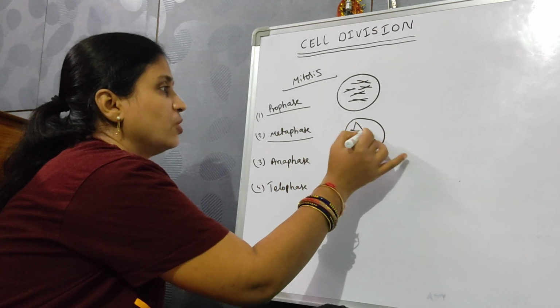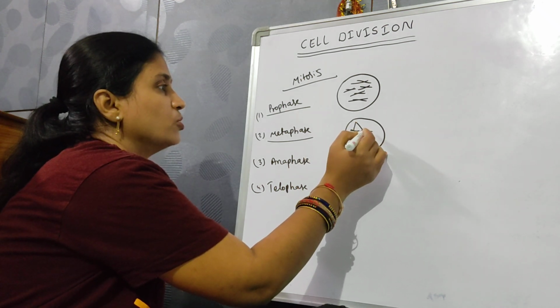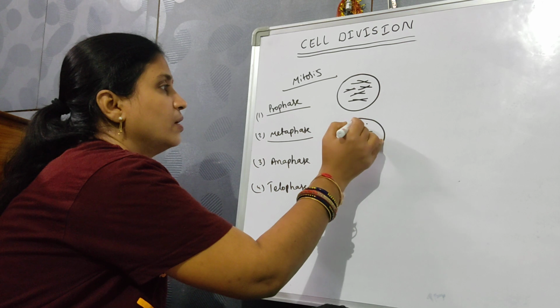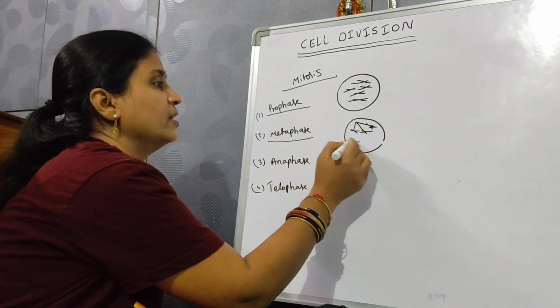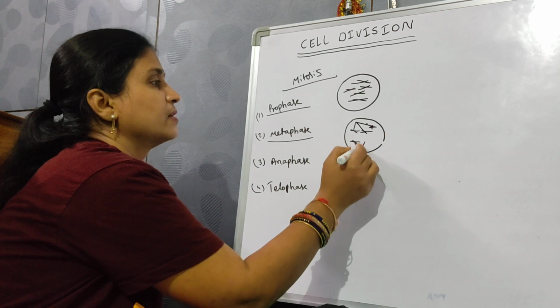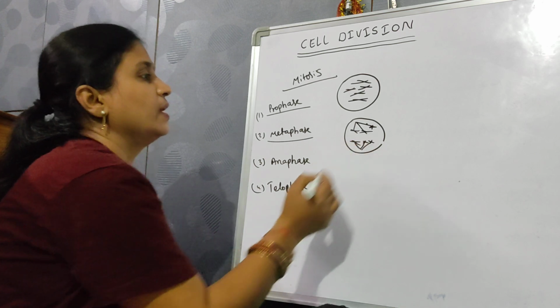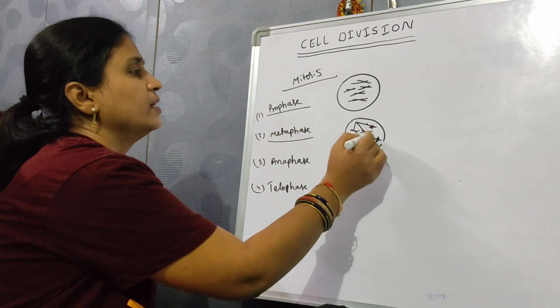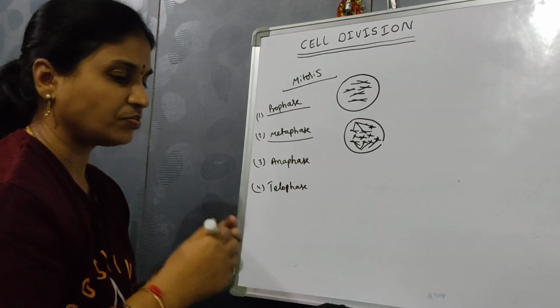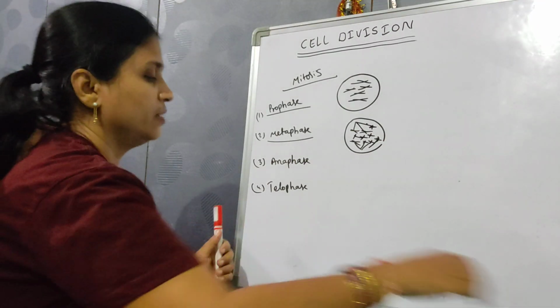Chromosomes are there, they are going to get attached like this. Irregularly, they are arranged. Okay?